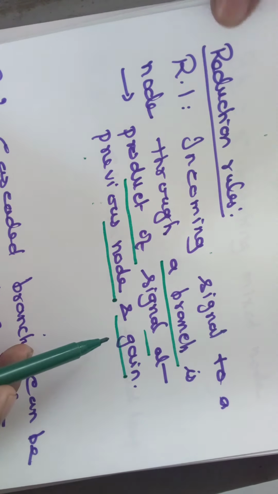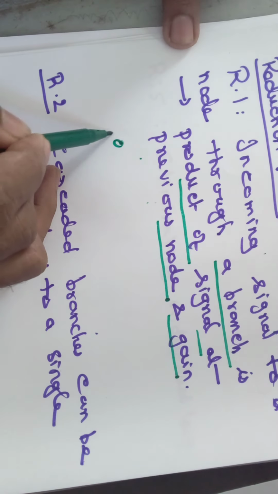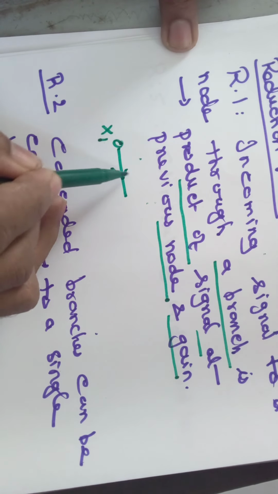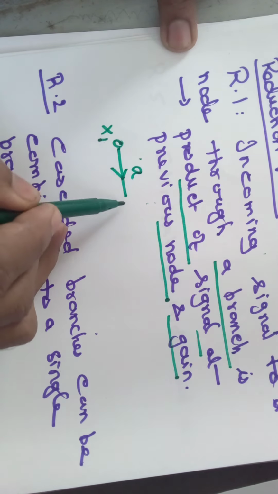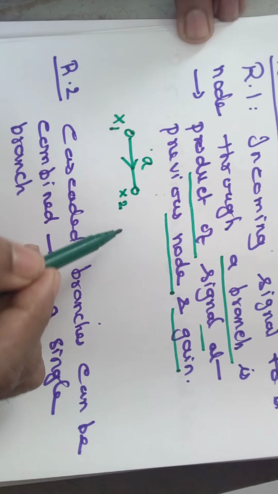For example, here there is a node represented as x1, and a signal travels from this node. This signal is represented as A, and it reaches another node x2, right?